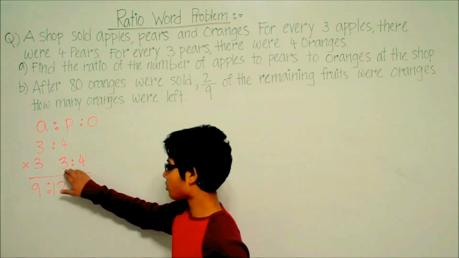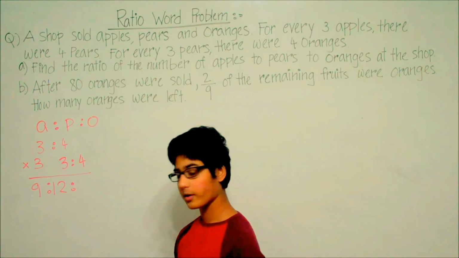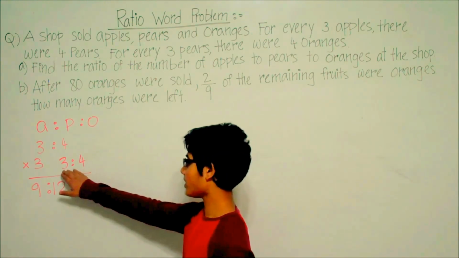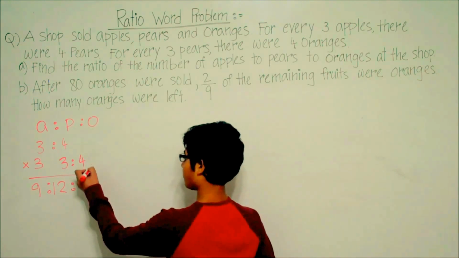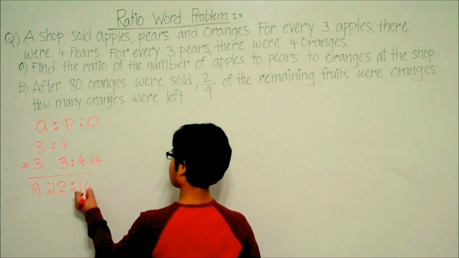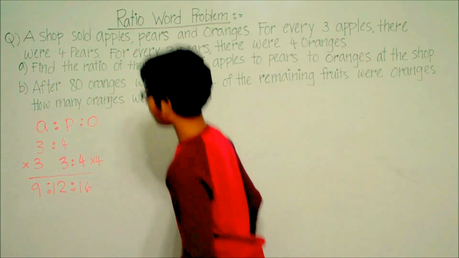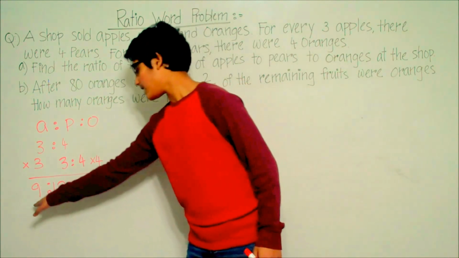Now, what do we do to 3 to get to 12? Well, we multiply by 4. Whatever we do on one side, we have to do on the other side, so we multiply 4 by 4. So we get 16.